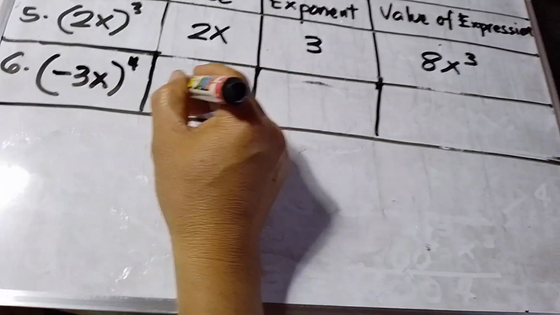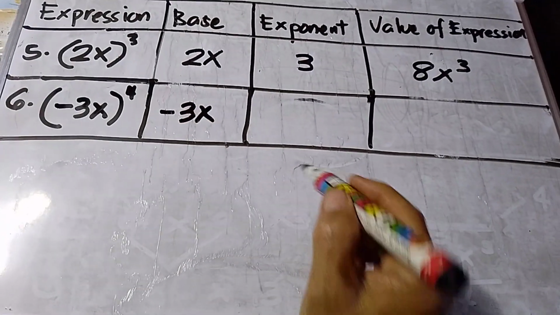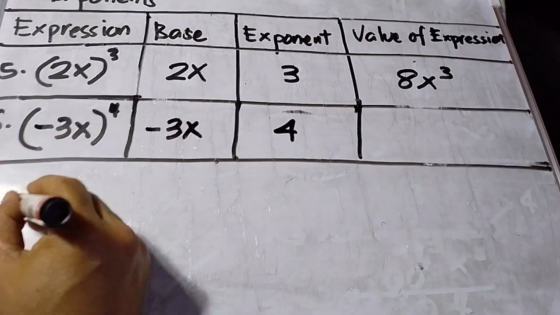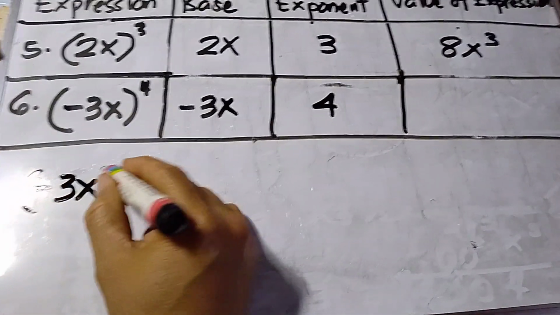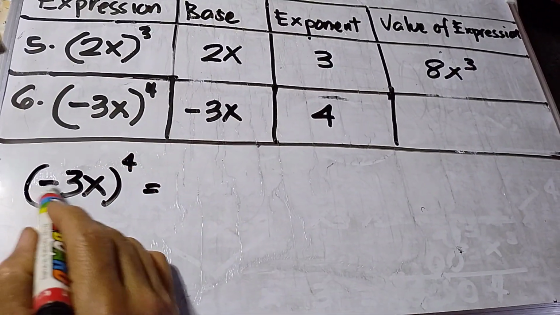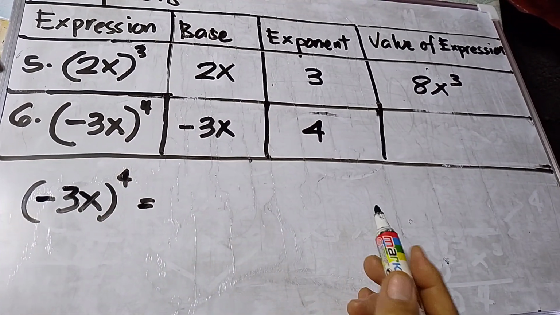So the base is negative 3x. Then the exponent is 4. And what's the value of expression? So negative 3x to the fourth. So take note, this is even, and then the sign is negative. So if even, the answer must be positive.